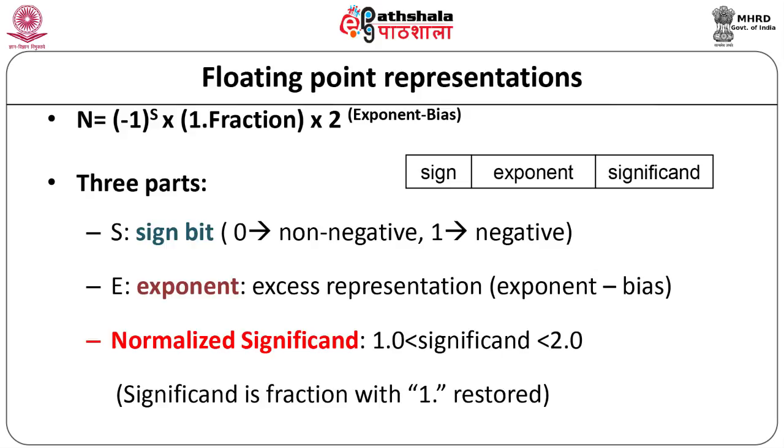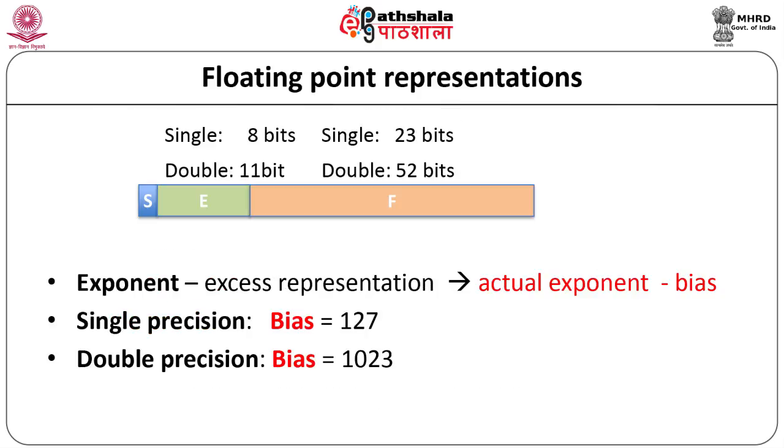The significand is stored in unsigned magnitude. An IEEE 754 single precision number is divided into 3 parts. The IEEE has established a standard for floating point numbers: the IEEE 754 single precision floating point standard and the IEEE 754 double precision standard.